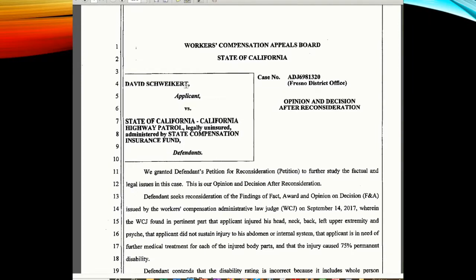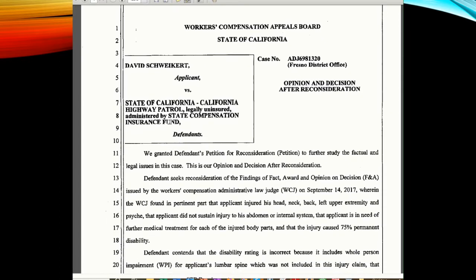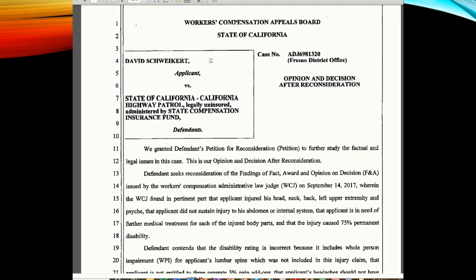Okay, so here we have the Schweikert versus State of California case, and this case relates to the 3% add-on for pain. Now, the Schweikert case is a 3% add-on for pain on steroids case because in this particular case, there is more than one 3% add-on for pain provided for this particular examinee's impairment.